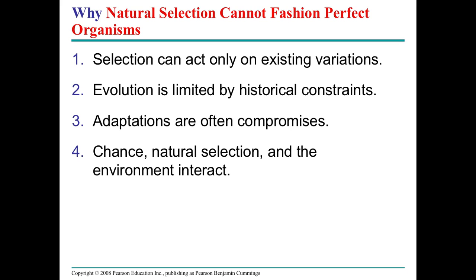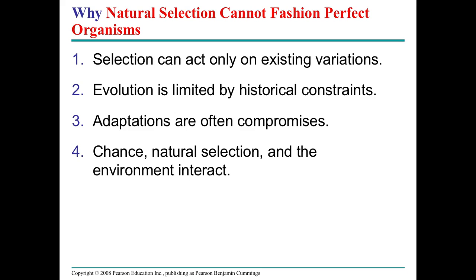So you probably asked yourself, well, if natural selection is always happening, why is it that organisms still aren't this awesome, perfect thing? Well, natural selection can only act on existing variations.